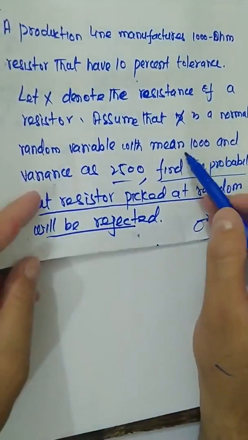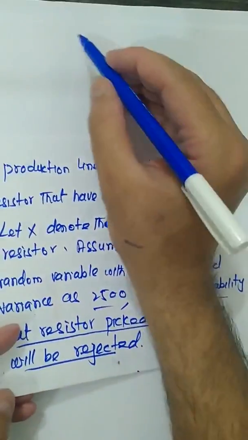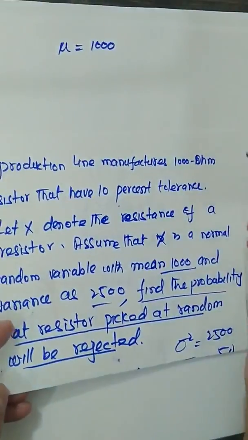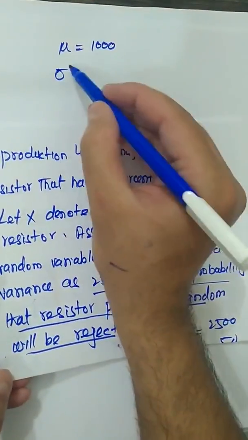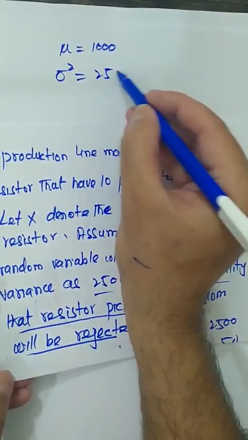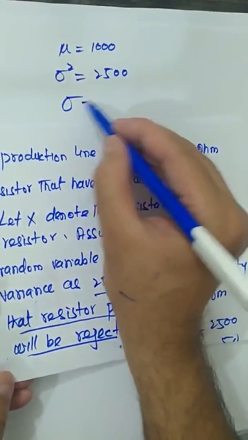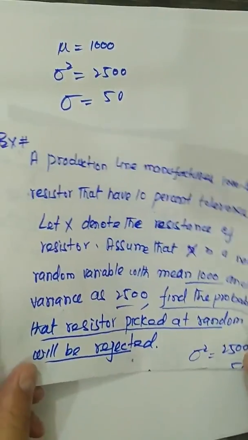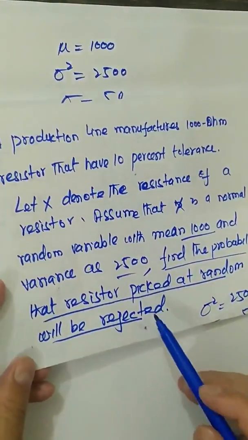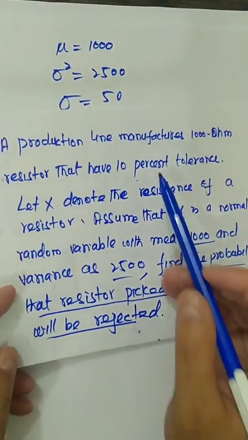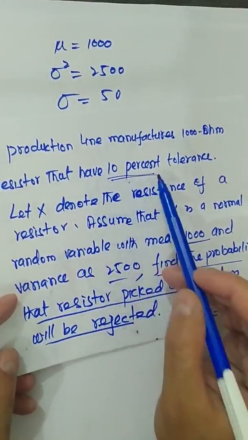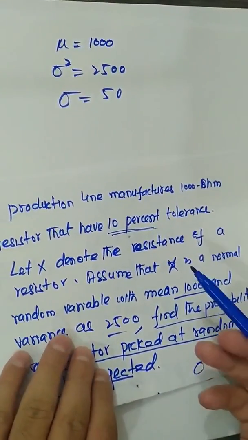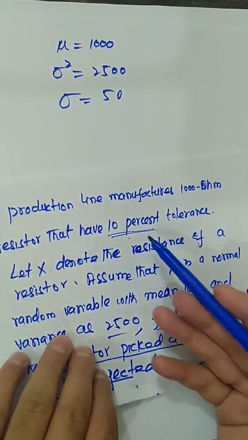So we are given the mean mu equal to 1000 in this case, and the variance is 2500, so the standard deviation would be 50. We have to choose the event that the picked resistor would be rejected. We are given 10% tolerance, which is 100.